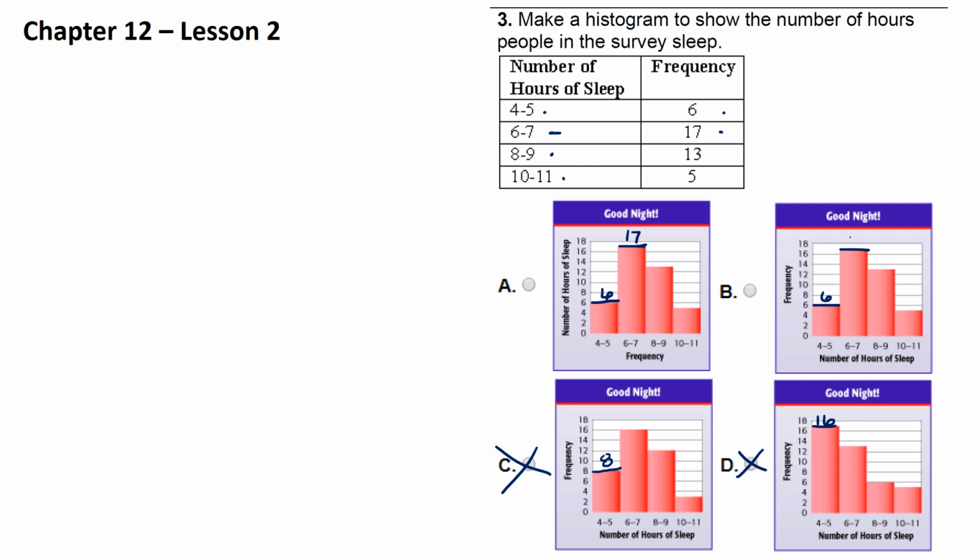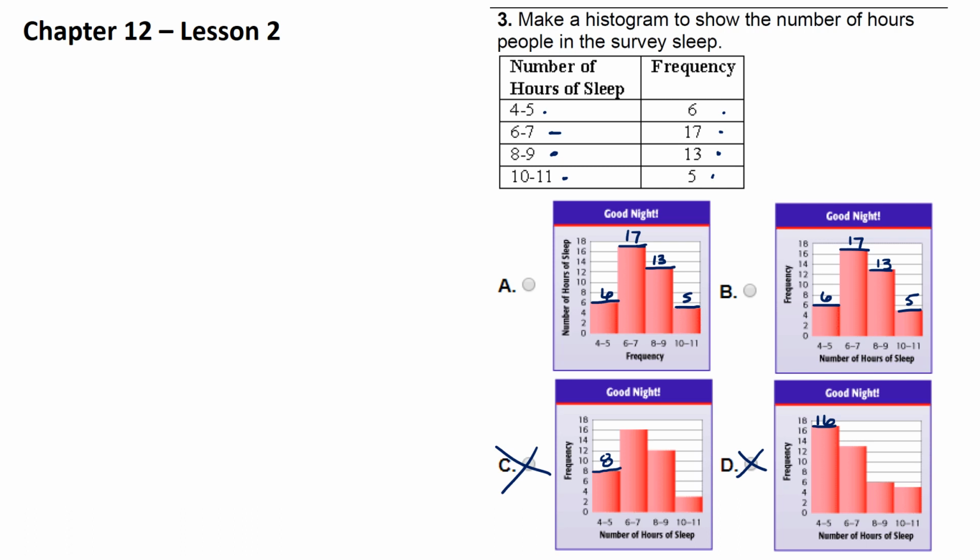This is 17, so that's good. Between 8 and 9 hours of sleep, we have 13. So this is 13, that's good. And this is 13, that's good. And then here we have between 10 and 11 is 5. And this is good, and this is good.